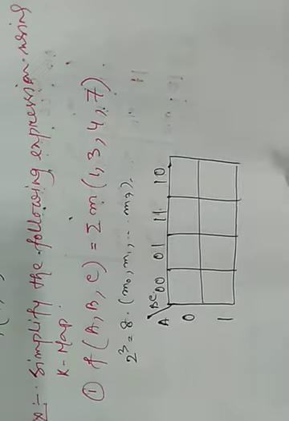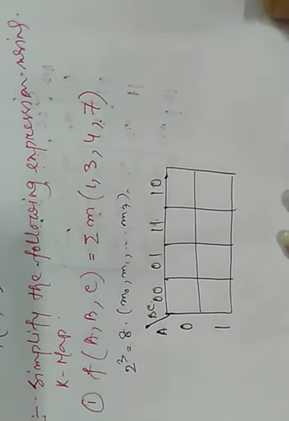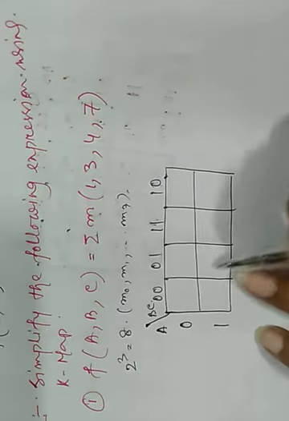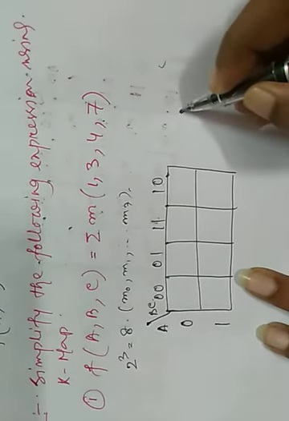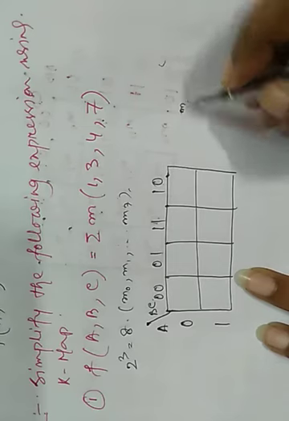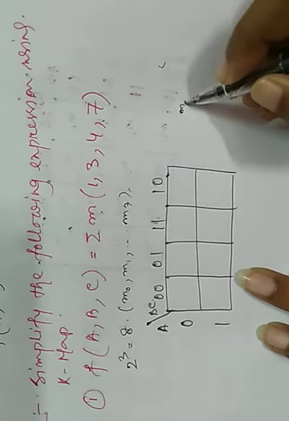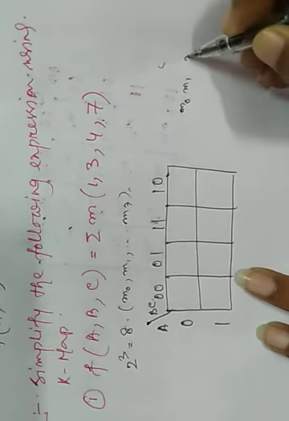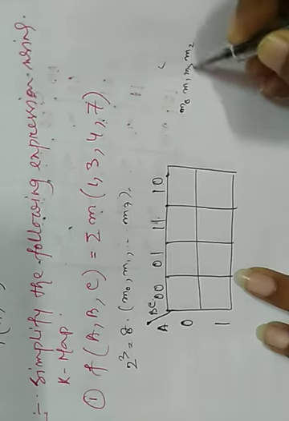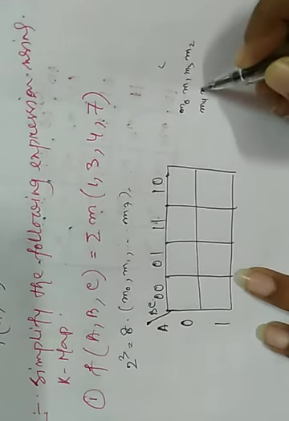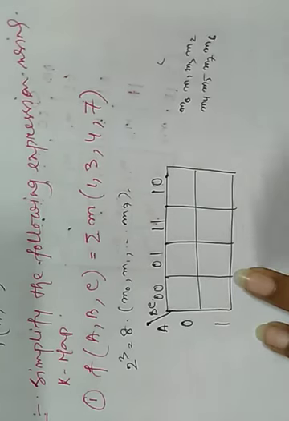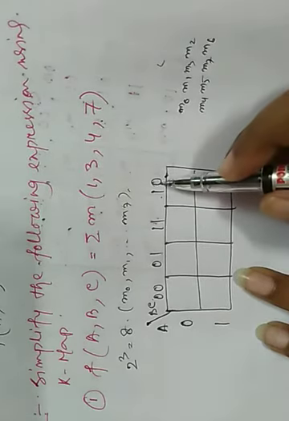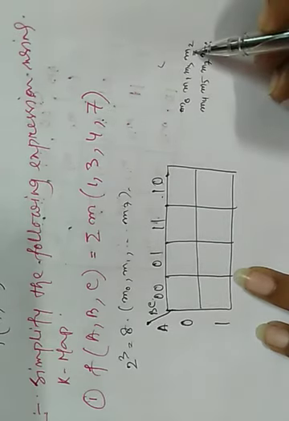Okay, and I have told you that you don't write M0, M1 within this table. You just write the order here in this way, so that you can place the values properly. M0, M1, M2, M3, M4, M5, M6, M7.